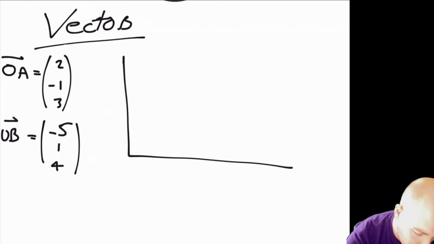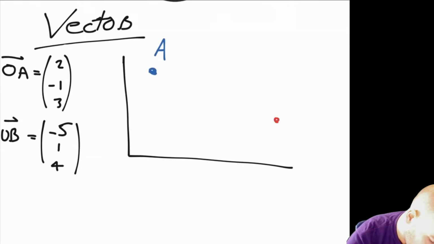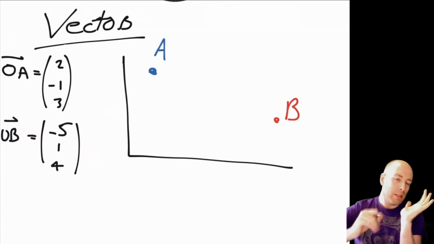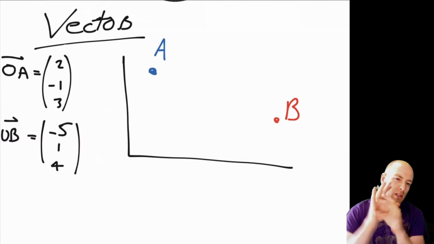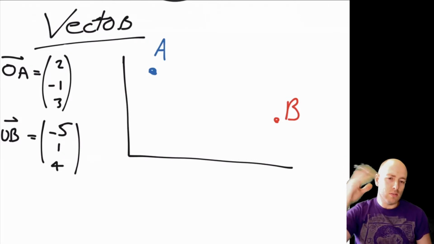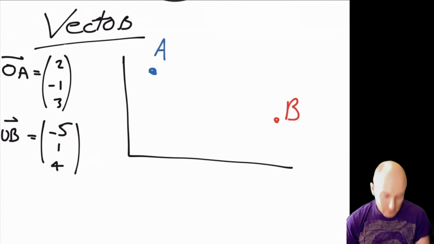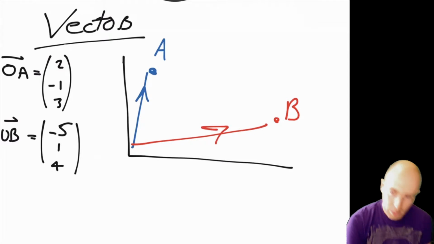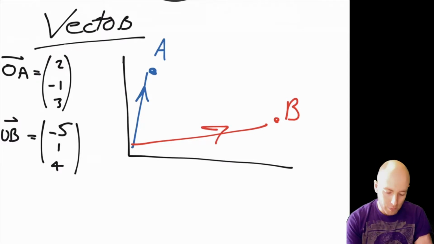So I always space mine out like this. I always put 1 here and 1 here. Reason being, they're quite far apart. They're also far apart from the origin, so you can draw lines and they would get all muddled up. So I just try and spread them out so every line has its own kind of angle. So there's OA, there's OB. So we're going from the origin to A, from the origin to B.